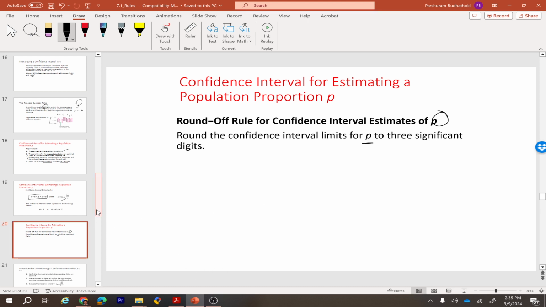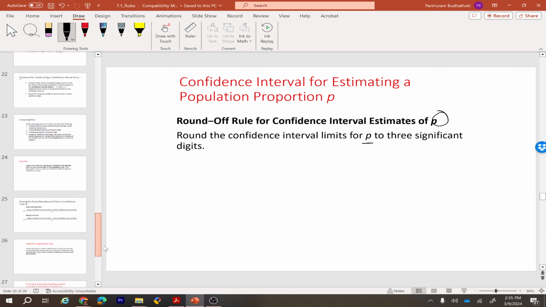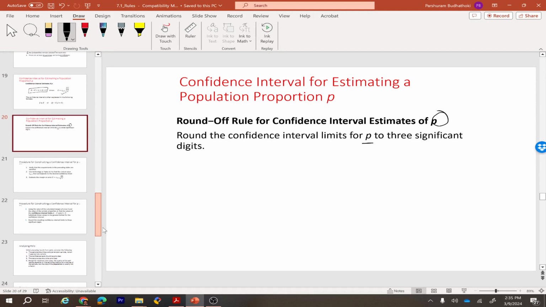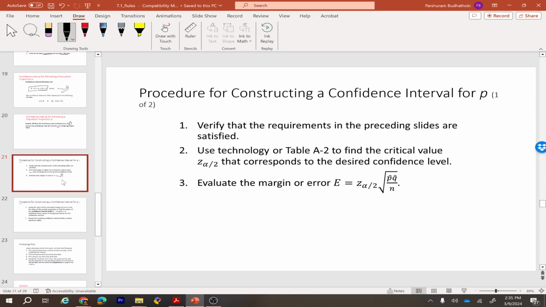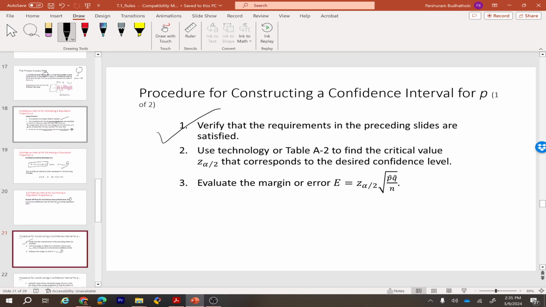Okay, so there is one more formula I would like to discuss before we do some problems. So this is the recap. First of all, before finding the confidence interval, you need to verify that the requirements we discussed here are fulfilled.